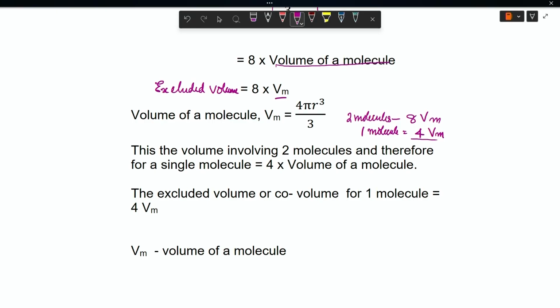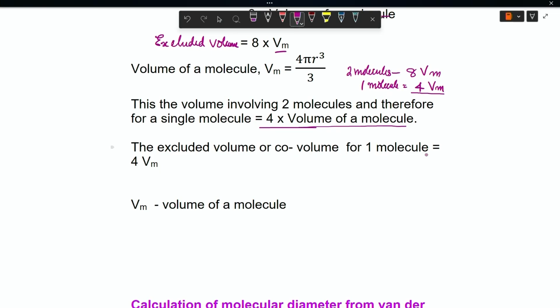We have been mentioning this term: it is 4 times the volume of a molecule. That is the excluded volume for a molecule. When I consider a single molecule, the excluded volume will be 4 times the volume of a molecule.